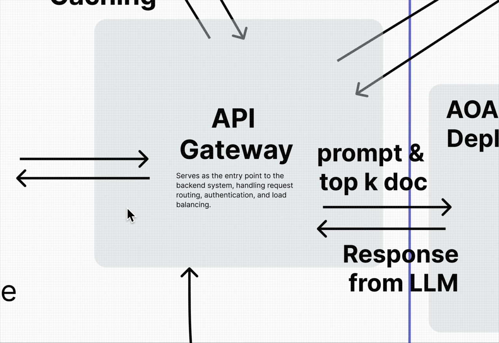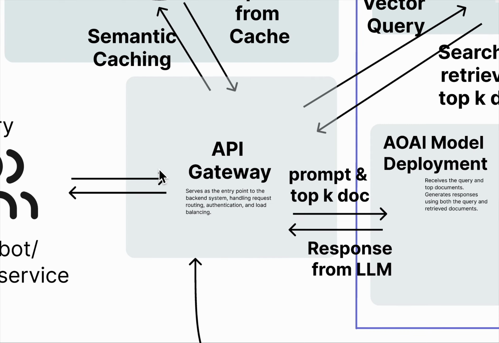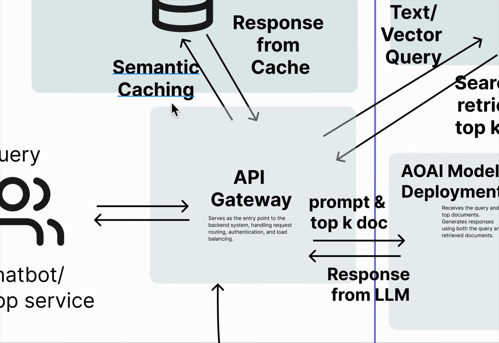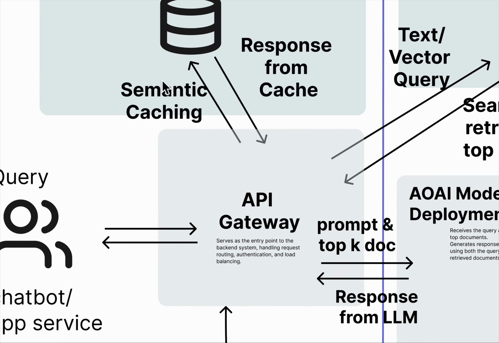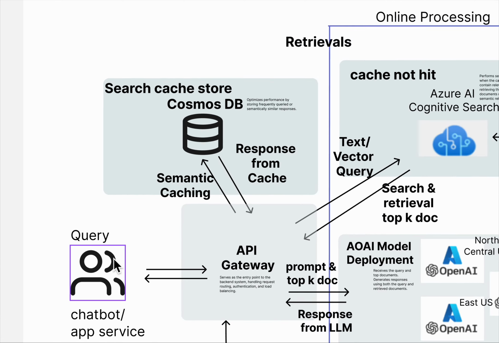After arriving at the API gateway, to optimize the overall performance, the system first adopts semantic caching. Semantic caching checks if a similar query has been processed recently. If the cache contains a relevant response, it is returned immediately to our user, which avoids the need for further processing.